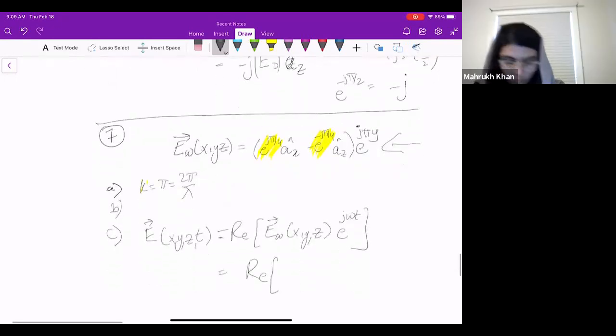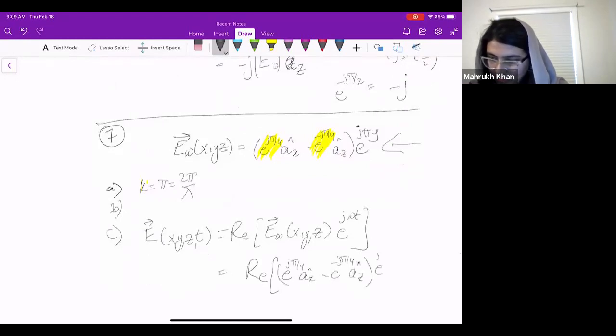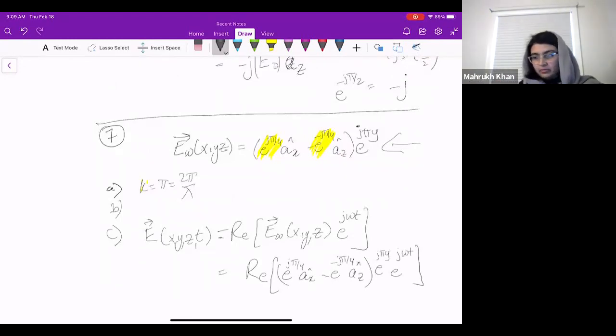And I will write the whole scenario in, which is e^(jπ/4) ax minus e^(−jπ/4) az, times e^(−jky y) e^(jωt), right? So can you write now from there?